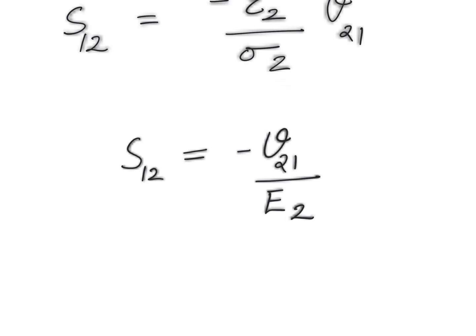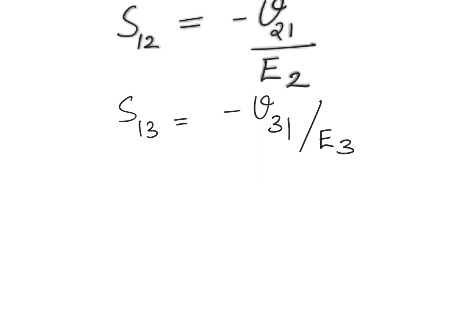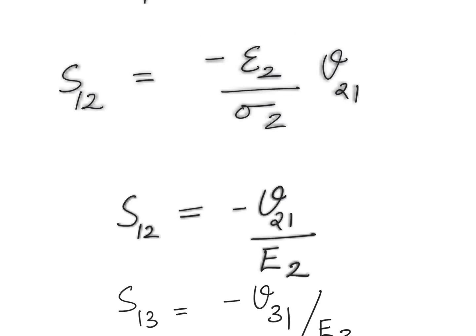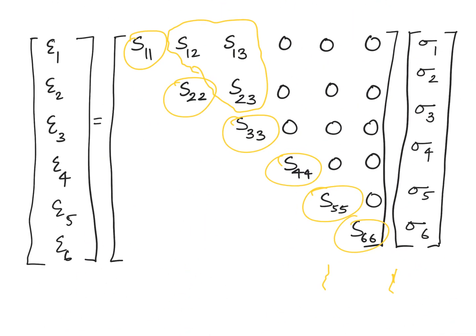Using a similar argument, your S13 can be defined as minus mu31 divided by E3. Now I know S12 and S13, and I am left with S23 alone.